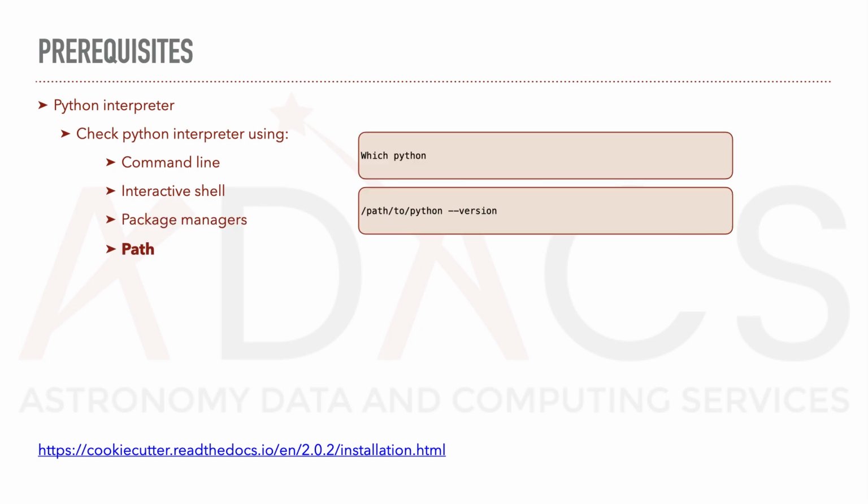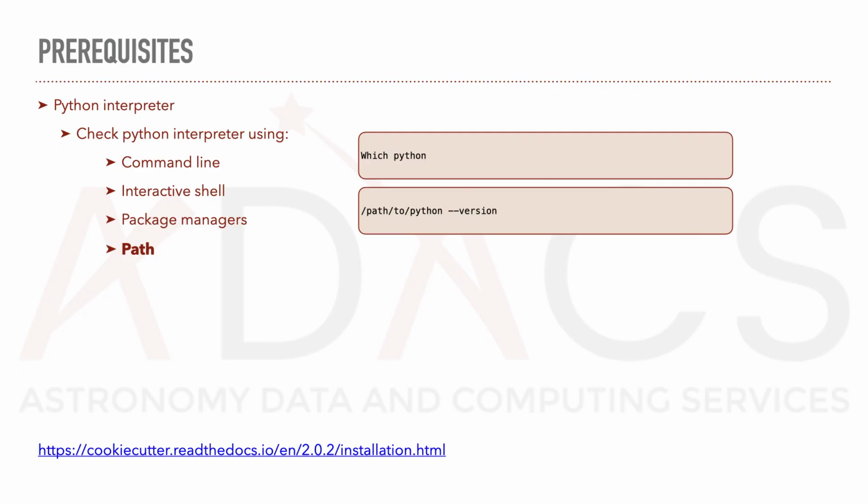Something I can go through is checking your Python interpreter using your path. In your terminal, first use which python, and then that should return you your path. And then you use your path to python --version, and that should show you the version of Python you're using.